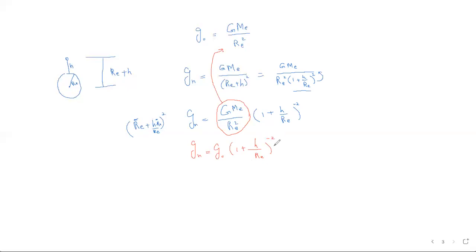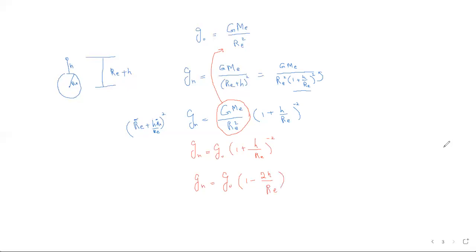Now we presume, so we can utilize the binomial expansion and ignore higher order powers. Then we get that gh is equal to g naught into 1 minus 2h divided by RE.